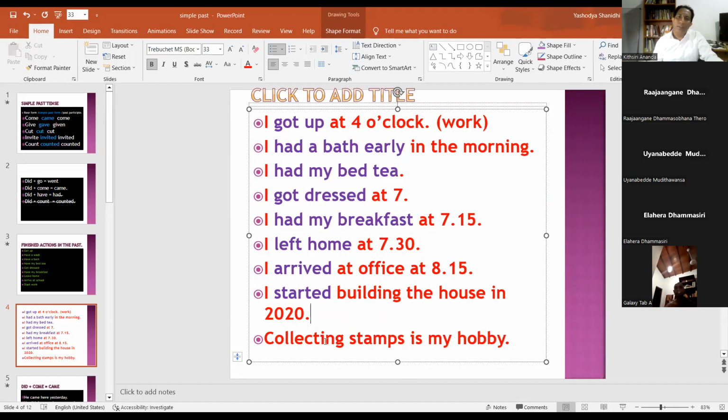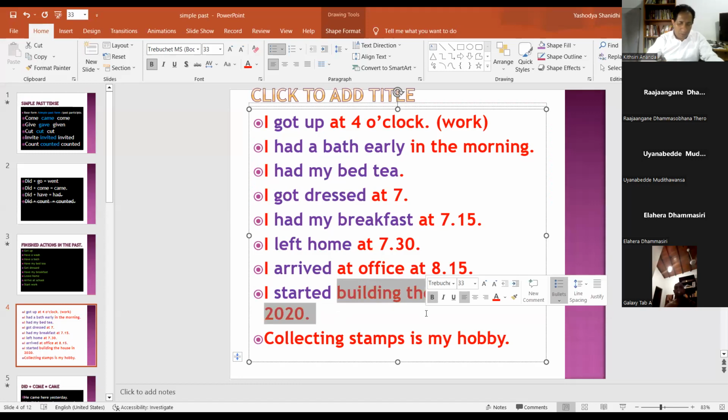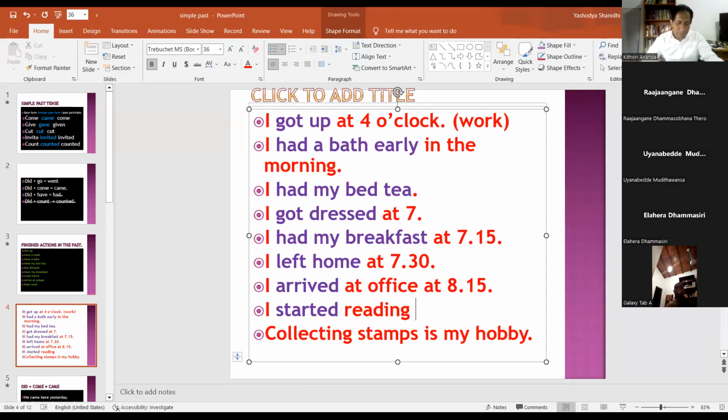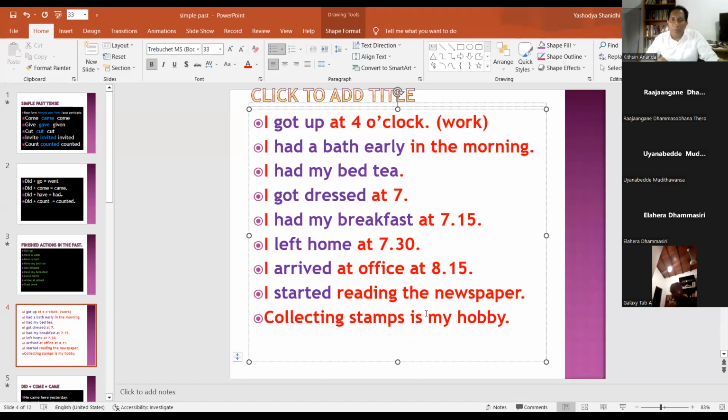But you can say that I start working as well. But even work can be used. I started reading. We can't say I start read. I start reading the newspaper. I started reading the newspaper. So the simple rule here is when we use two verbs together, the second becomes a gerund, or with ing.